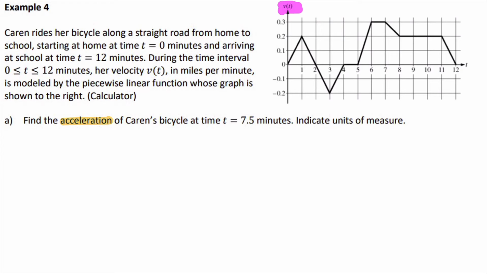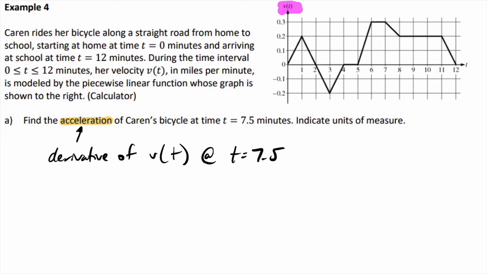So we're finding the derivative. That's pretty much what we're doing, finding a derivative. Let's see, derivative of v of t at t equals 7.5. How do we do that? That's exactly what we're going to do. We're going to find the derivative of the graph at 7.5.